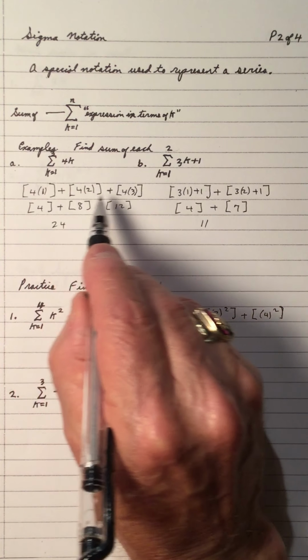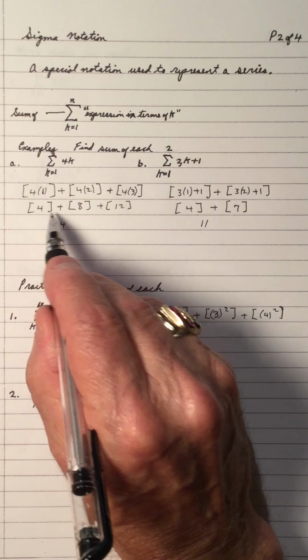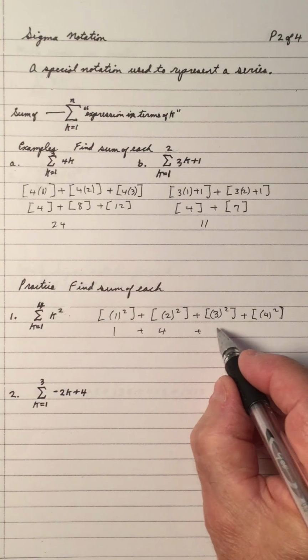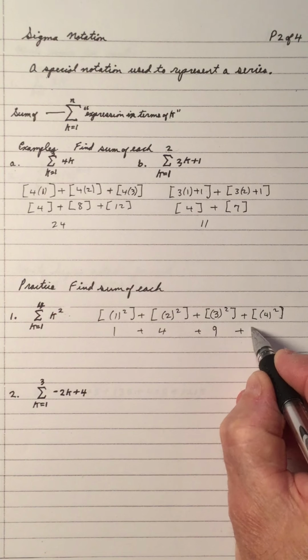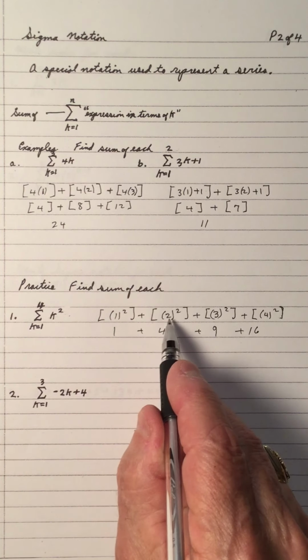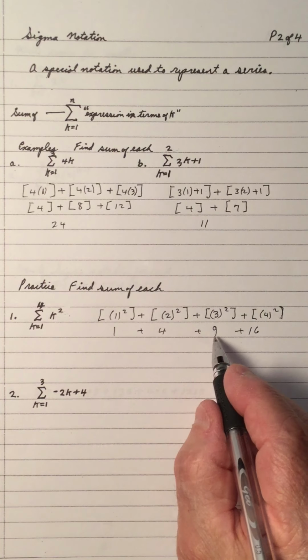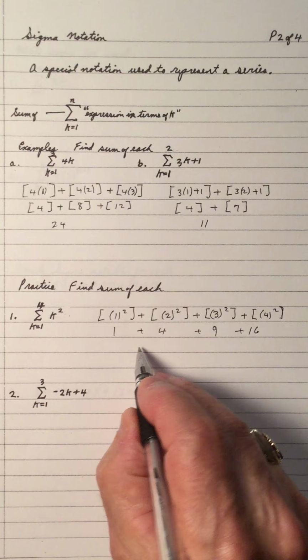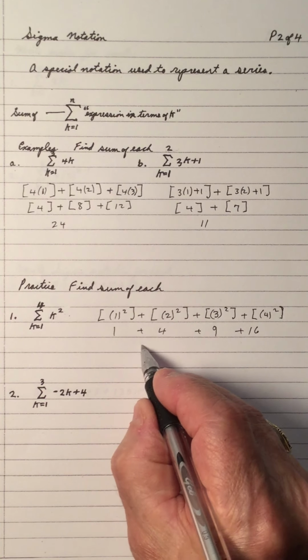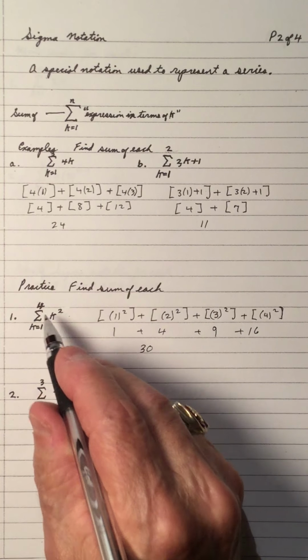Same down here, that's a 9, and that's a 16. So I did when K was 1, 2, 3, and 4, and I add it up: 1 plus 4 is 5, plus 9 is 14, plus 16 is 30. 30 is the sum represented by this sigma notation.